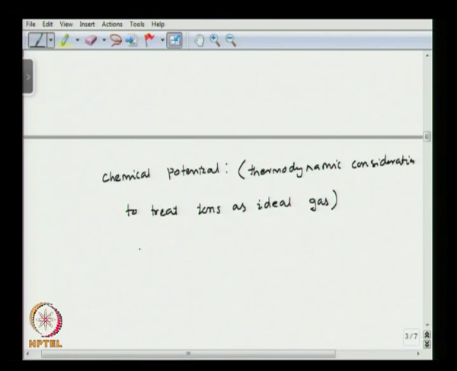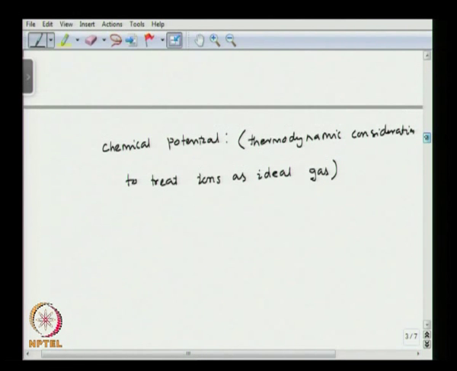So we can write the expression for the chemical potential as this: mu plus minus r is equal to mu 0 plus Boltzmann constant times temperature times ln of C plus minus r divided by C0, plus minus Jd into phi r.